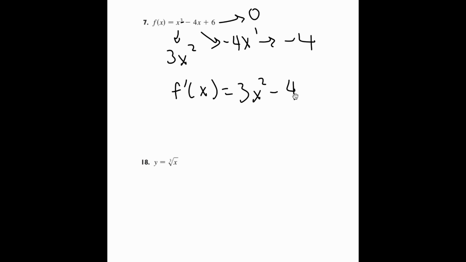So it'd become minus 4x to the power of 1, and then we would bring down the 1, and it would turn into minus 4. Lastly, the constant just disappears because the derivative of a constant is 0. So our final answer is f prime of x equals 3x squared minus 4.